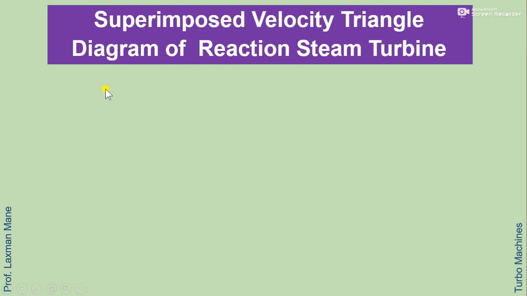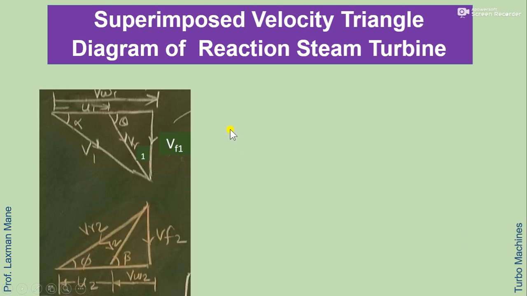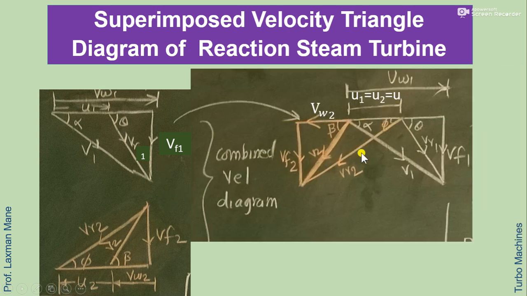Superimpose the velocity triangle diagram of reaction steam turbine. In solving the numerical it is required. So these are the regular velocity triangles. If we want to combine them, how to do it? Here the inlet velocity triangle is drawn as it is, while the outlet velocity triangle is inverted and kept in such a way that its U1 and U2 components will be the same.